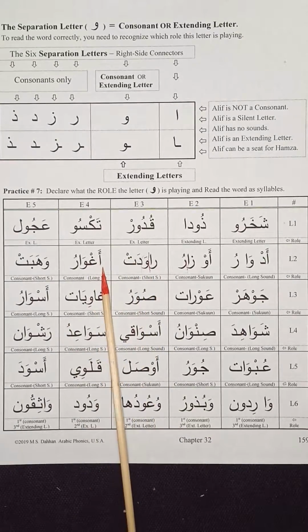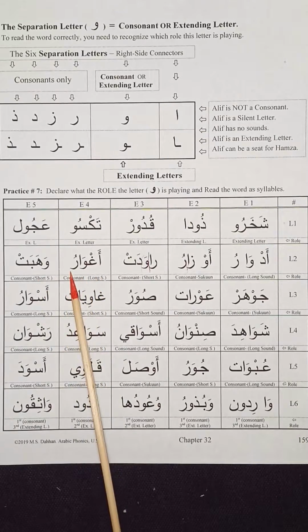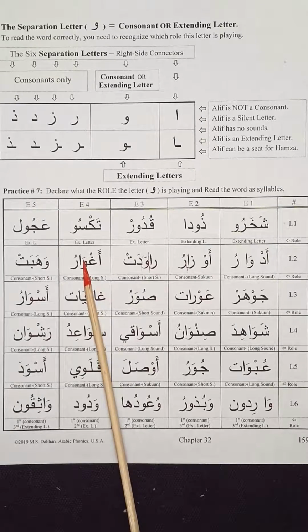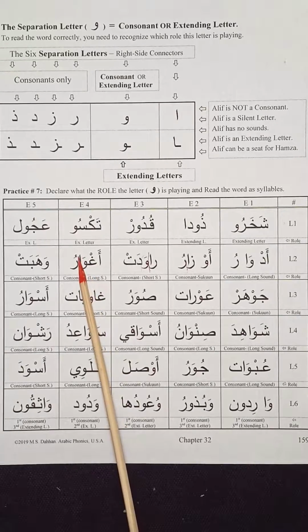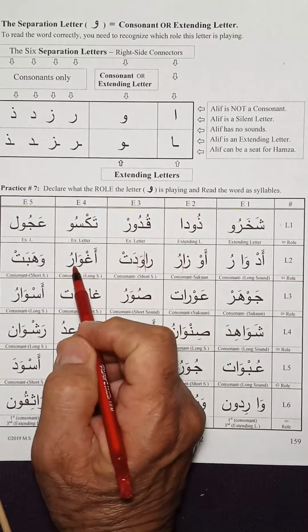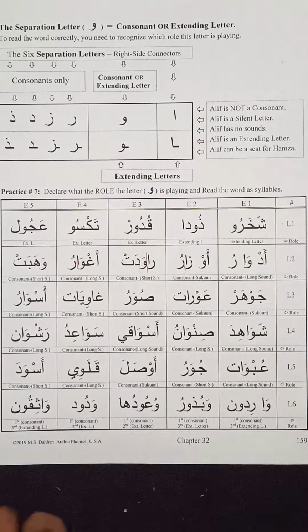The next one is agha, wa, ru. And the role here very clearly is a consonant. It has a short vowel here. So this short sound becomes long because of the extending letter here. I'm going to add some more space in here for the people who are going to get the book, just to see it.